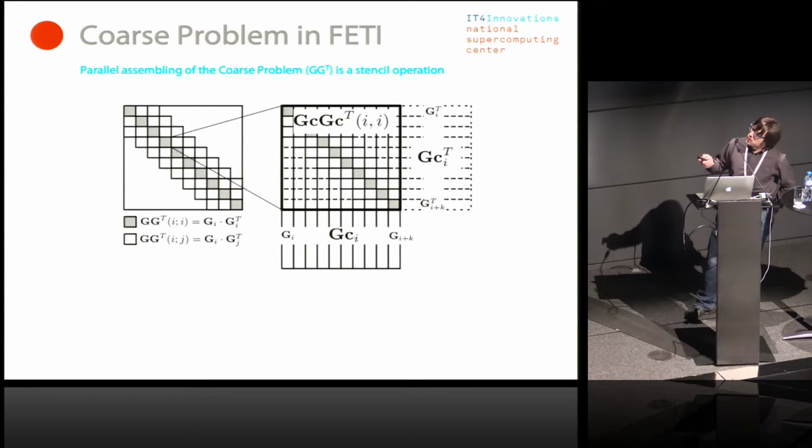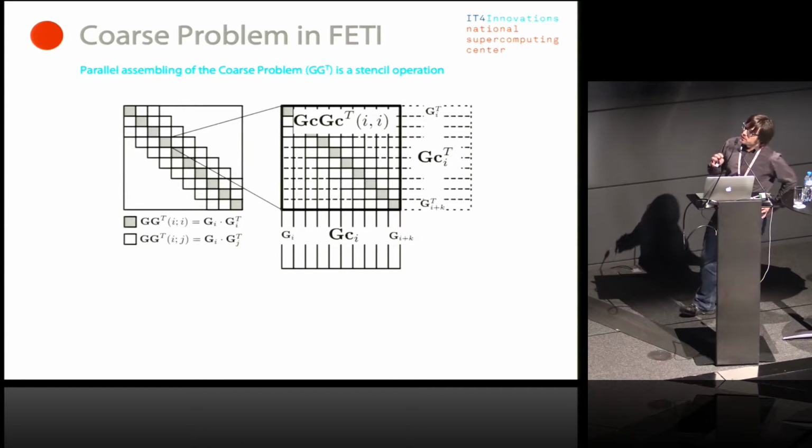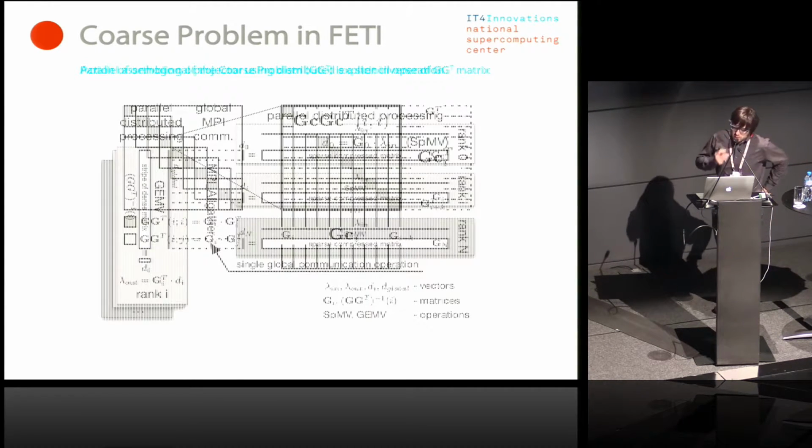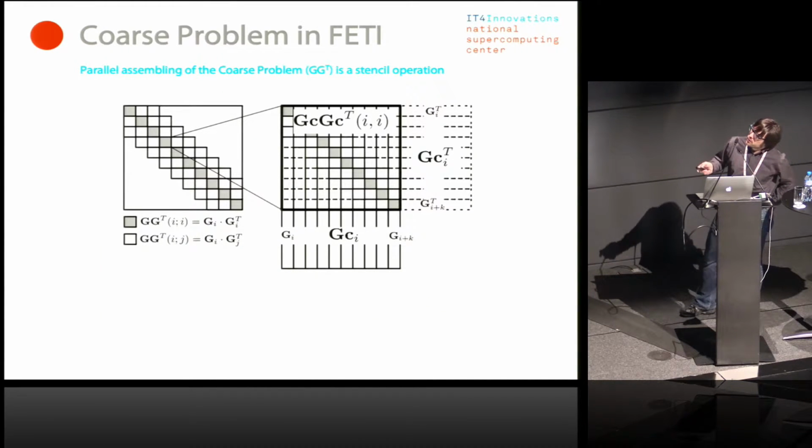So we have this distributed approach where every MPI process calculates a very small part, and then all the parts of the coarse problem matrix are assembled at the root node. Once we collect this coarse problem matrix on the root node, we broadcast it to all the compute nodes. Then each compute node calculates the factorization, and then it calculates its part of the inverse matrix of the coarse problem.